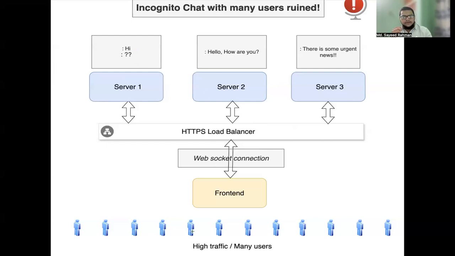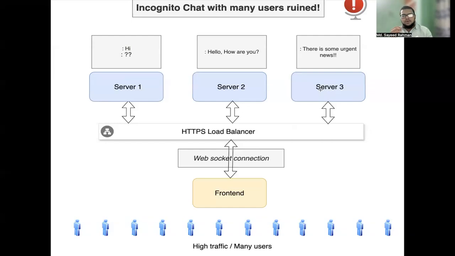But when person 2 is trying to send a message, the load balancer has picked server 2, in round robin fashion or maybe by some other algorithm. And when person 3 is trying to send another message, there is some urgent news, the load balancer has picked server 3 by its internal algorithm.